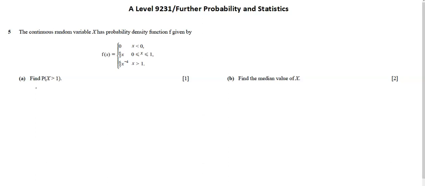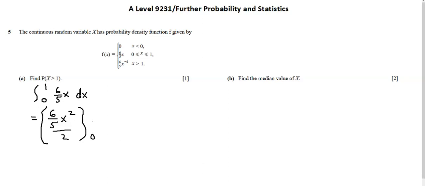I'm going to integrate from the low point of the range, which is 0, up to the point 1. The piece that this relates to is 6 over 5 x. We'll integrate with respect to x, and now we'll see 6 over 5 times x squared over 2.